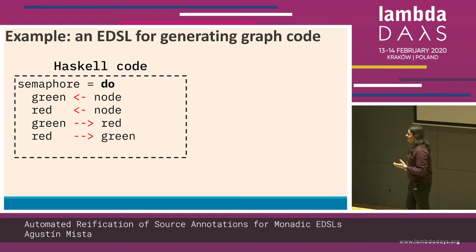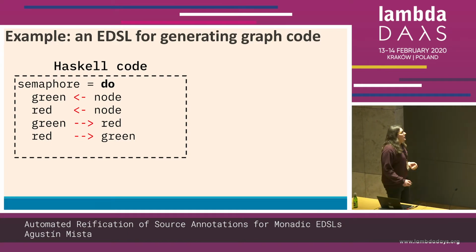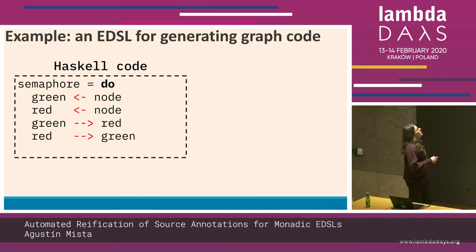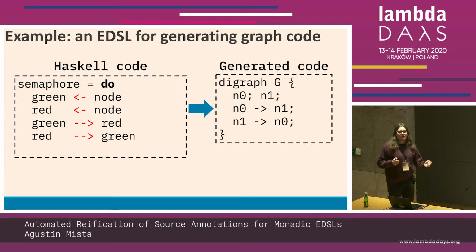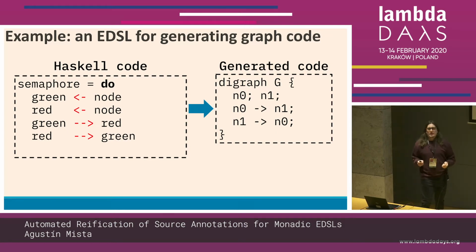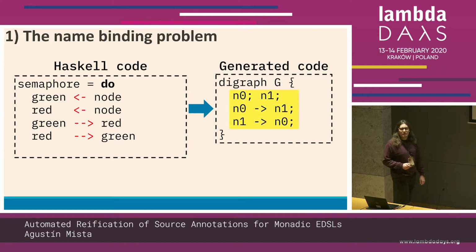And the reason for that is that whenever we use do notation in Haskell, the names that we put to the computations don't belong to the EDSL. They belong to Haskell. And there is no easy way for the programmer of the EDSL to take advantage of these names. And hence, we cannot have them here directly.